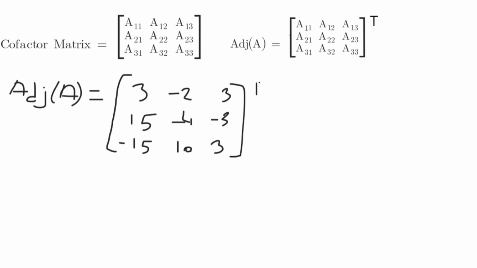This is our cofactor matrix. So the transpose of this matrix will be equal to the adjoint of A. How do you find the transpose of this matrix? You just swap the rows and columns, interchanging the rows and columns.